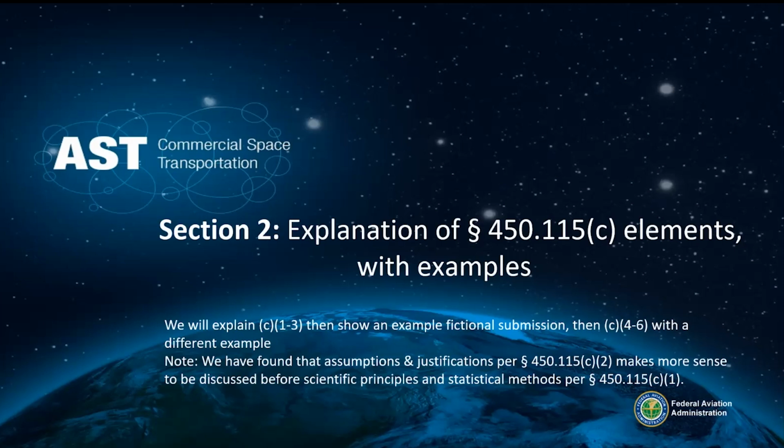We will do something similar with C4, 5, and 6 with a different example. We will start out with C2, assumptions and justifications, and follow on with C1, scientific principles, as that order of operation makes a little more logical sense. Next slide, please.